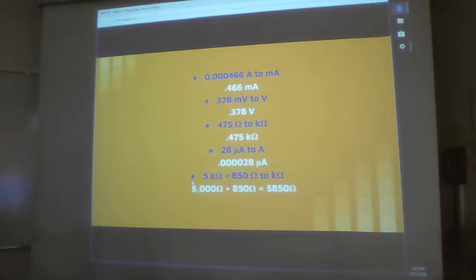Now we have 5,000 ohms plus 850 ohms. That gives us a total of 5,850 ohms. So if we want to convert 5,850 ohms into kiloohms, we're going to move the decimal point 3 places to the left. So that would give us 5.85 kiloohms.